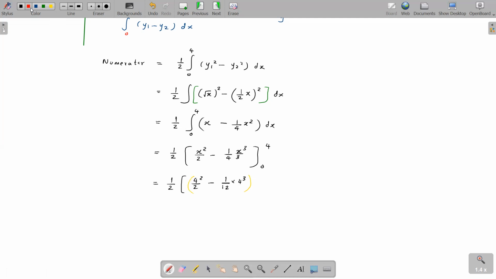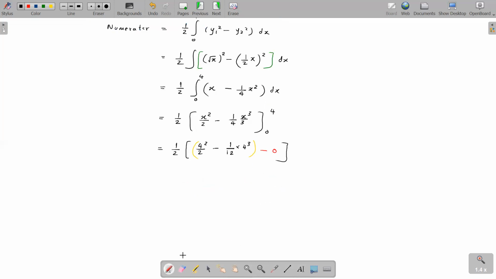That's the first part, minus the second part. When you replace x with 0, everything is 0. Then I close the bracket because half is supposed to multiply with everyone. It's just a matter of typing into the calculator, and the answer here is 4 over 3.